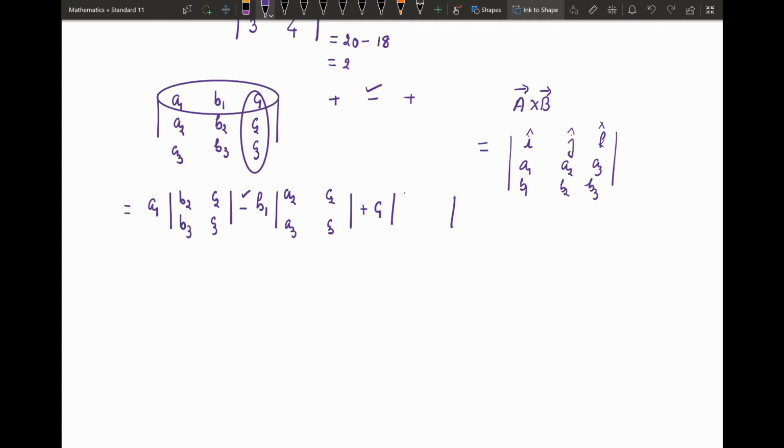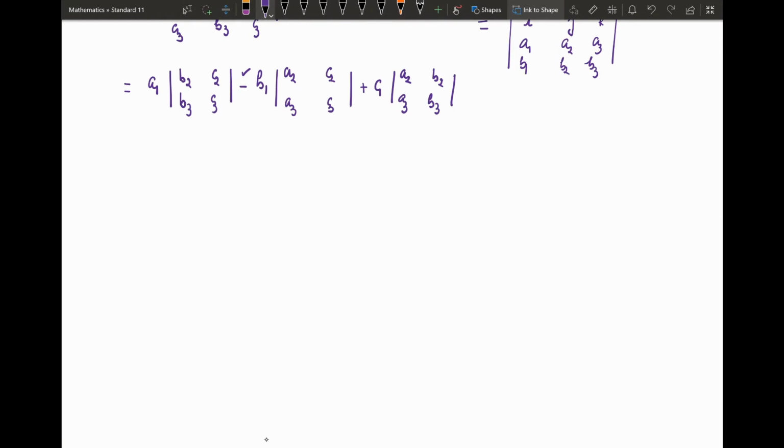The remaining will form the 2 by 2 determinant A2, B2, A3, B3. So this is the value or expansion of a 3 by 3 determinant.